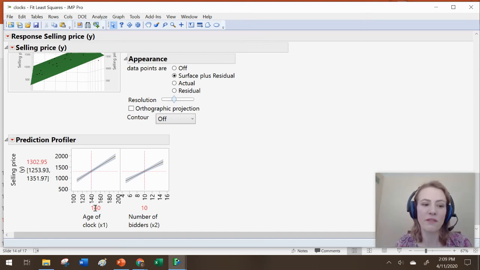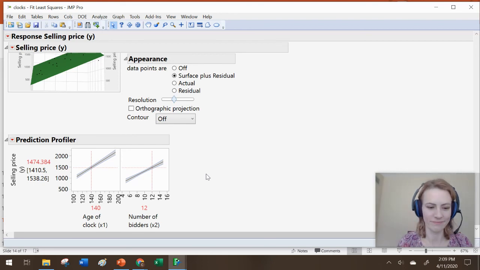All right, so this would make it very quick and easy if you wanted to test out a bunch of combinations. Like, what if there were 2 more bidders? How much would we expect the price to change? You could find that very quickly here. You will still need to be able to do the calculations without the Prediction Profiler being available to you, though.